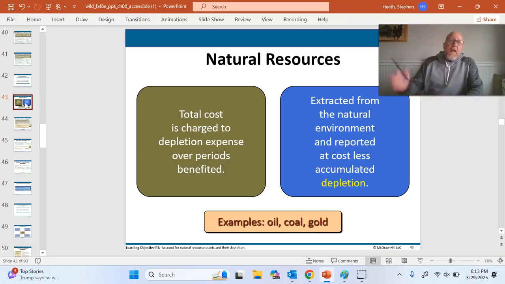And as we calculate the decline in the natural resources reserves, we're not going to refer to it as depreciation expense. Instead, we're going to refer to it as depletion expense. So units of production and depletion expense, not depreciation.